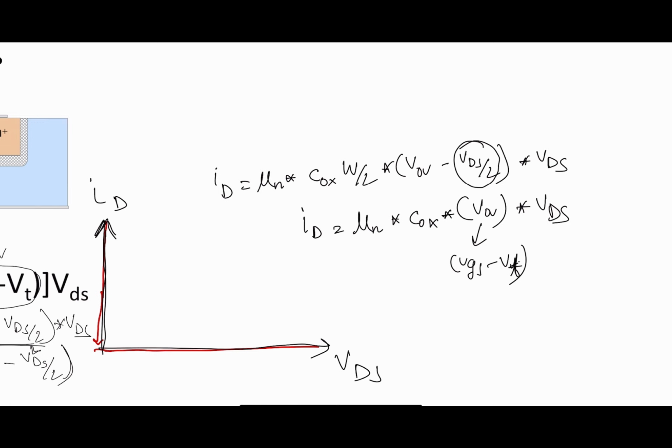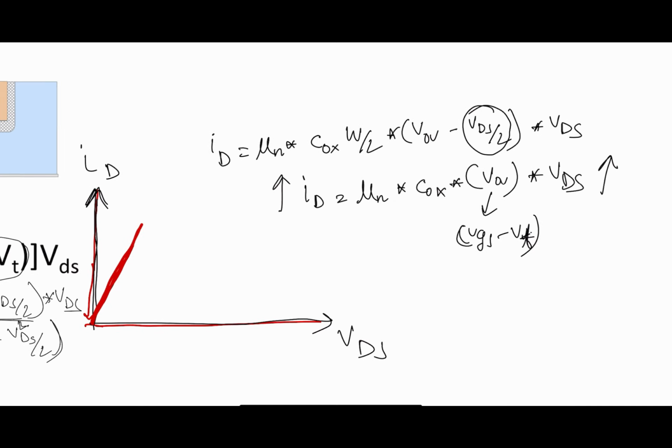VT is constant. So for a particular voltage of VGS, if we increase the VDS, then the current will increase linearly. You understand? It will be linear. But now the situation will change.